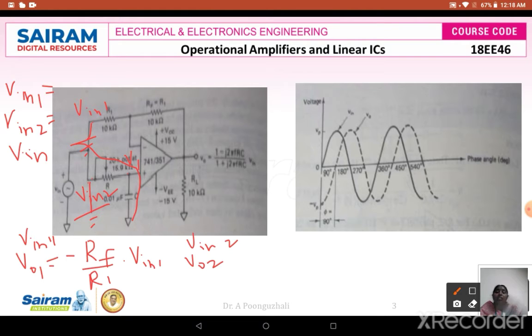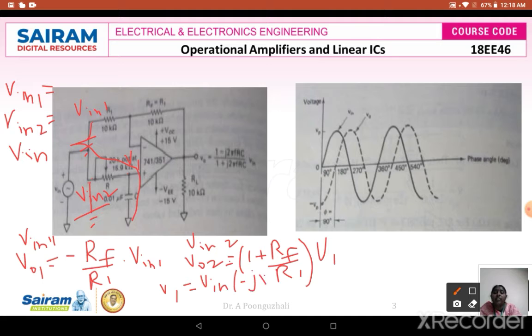So the non-inverting gain is nothing but 1 plus RF by R1 into V1, the voltage at this point. So what is the V1 voltage? V1 is nothing but the total voltage at this point, which is V in into the drop across this, minus jXC, divided by R minus j XC.